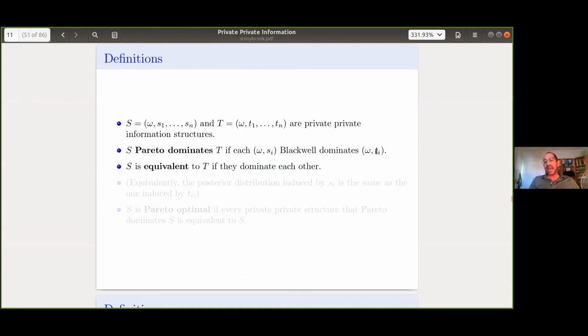And I'm going to say that S is equivalent to T if they dominate each other, which just means that from the point of view of each agent, it doesn't matter whether they get S_i or T_i, they're Blackwell equivalent, which also means that the posterior distribution induced by S_i is the same as the posterior distribution induced by T_i. So the equivalence classes here, and we're only going to be interested in things up to equivalence, is just what are the distributions of posteriors of each agent.